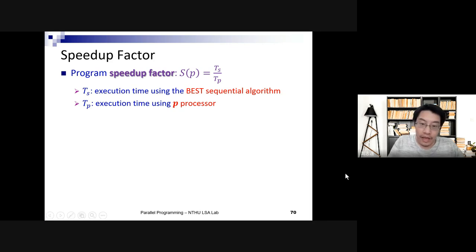And the parallel time here, you can also see this speedup factor is a function of processors, or your computing resources. So the more resources you give it or the more processors you use, supposedly you expect to get a higher speedup factor.